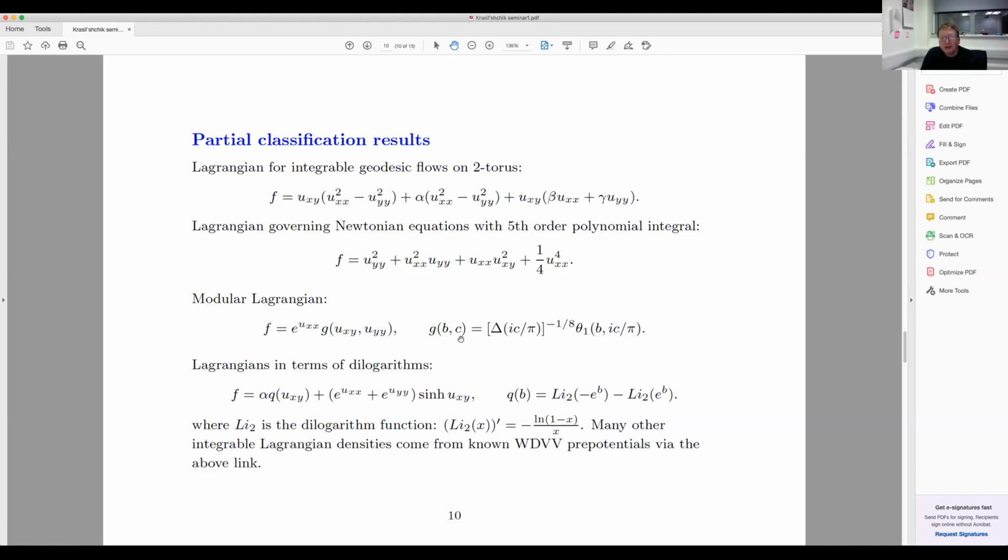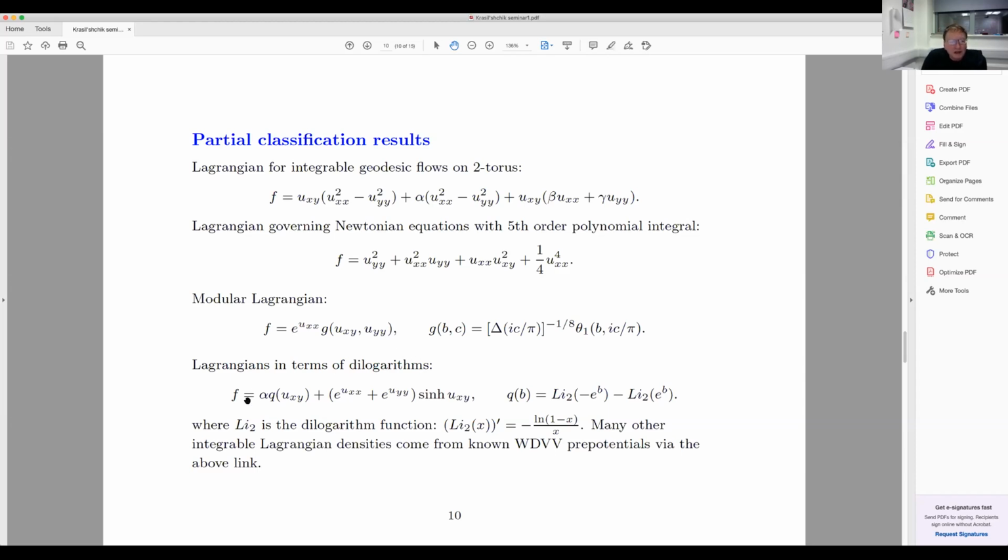And remarkably, if you construct the WDVV prepotential corresponding to this Lagrangian density, we get a known WDVV solution, which corresponds to averaged NLS equations. But when we did this computation ourselves, we didn't know this link. It was found independently.